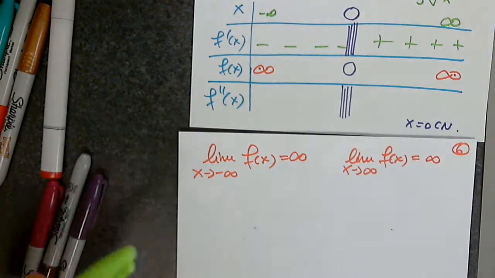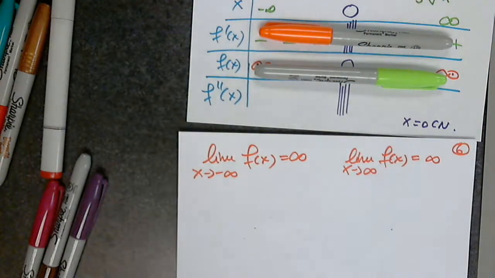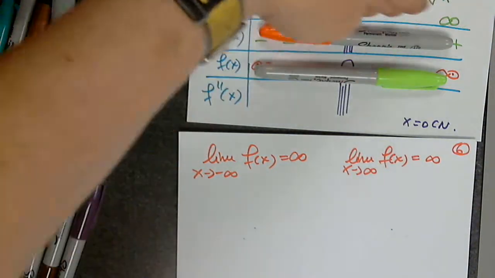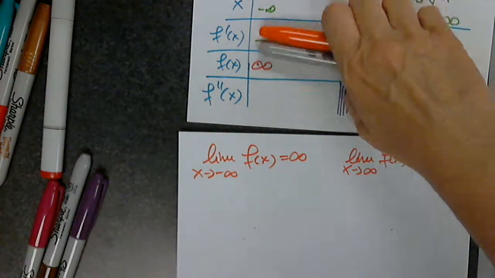Now I have to make sense of these two. This is the moment in which I catch my mistakes. If the row of the first derivative and the row of the function do not work well, I have a mistake. Okay, so let's see.